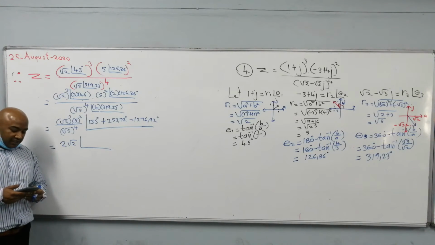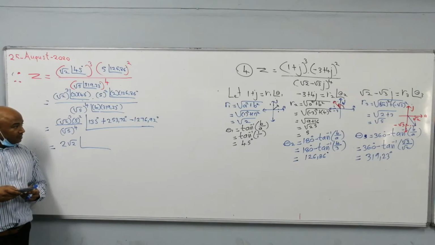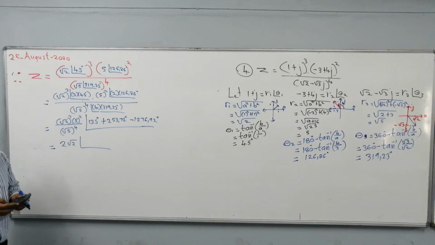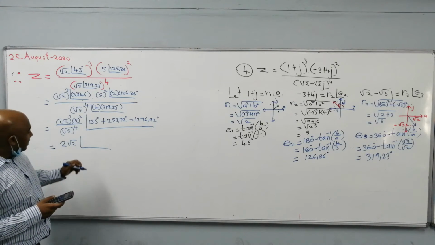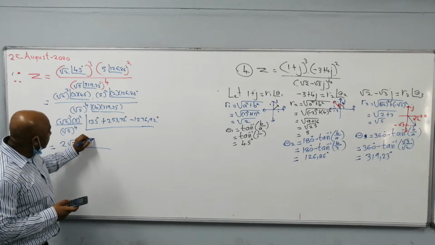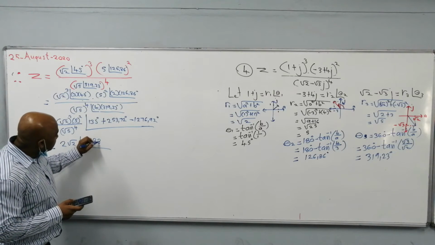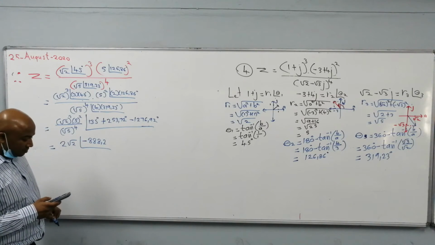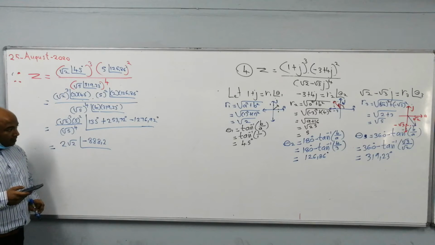Double check me on the calculator there. And then we got 135 plus 253.72 minus 1276.92. So I'm getting minus 888.2. That's what I'm getting here.